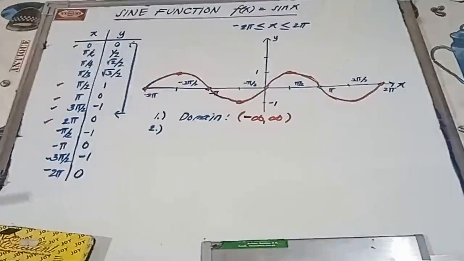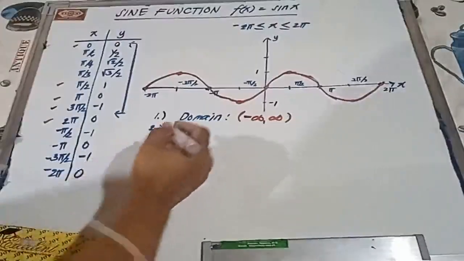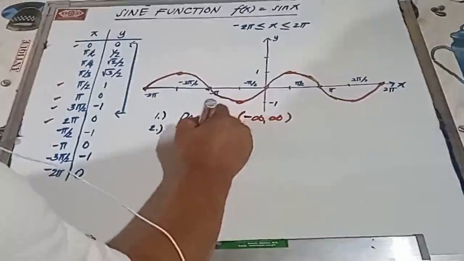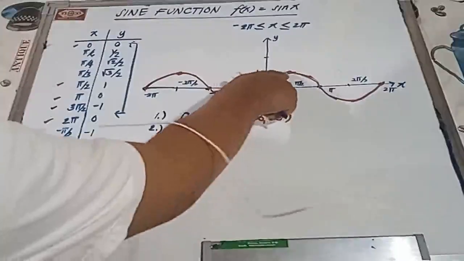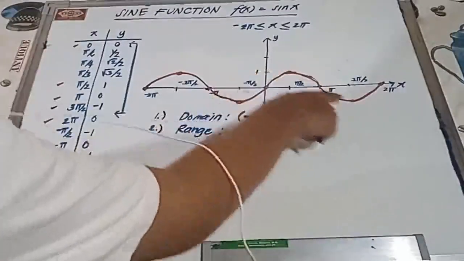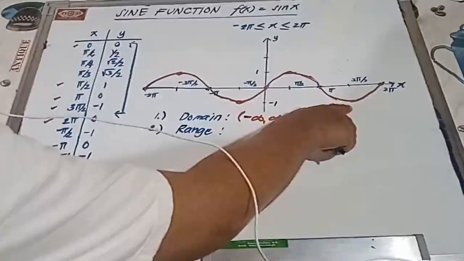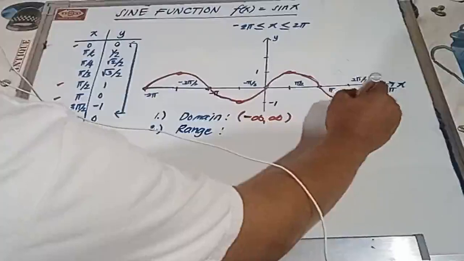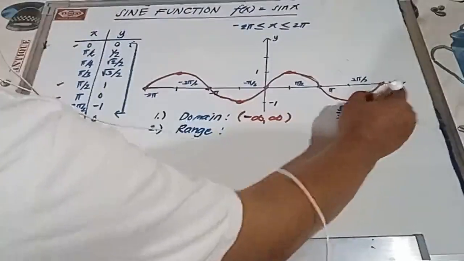What else? Yung range niya. Tingnan natin yung curve. Ito yung maximum point. Ito yung kanyang minimum point. Itong point na to ay 3 pi over 2, negative 1.